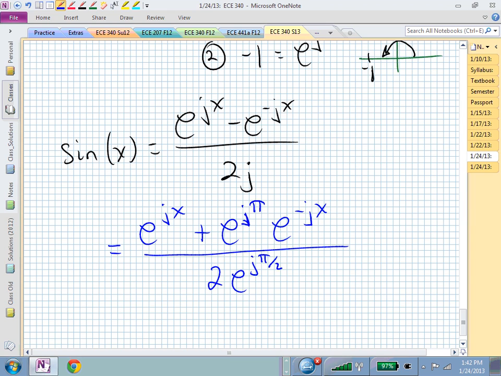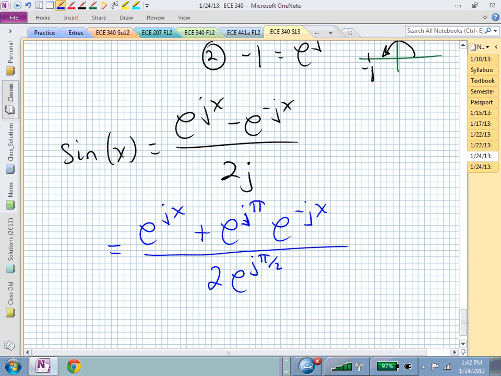If I'm dividing by e to the j pi over 2, that's like multiplying by e to the minus j pi over 2. Or I could multiply by 1. I could multiply the numerator by e to the minus j pi over 2 and the denominator by e to the minus j pi over 2. So this denominator complex exponential is gone.